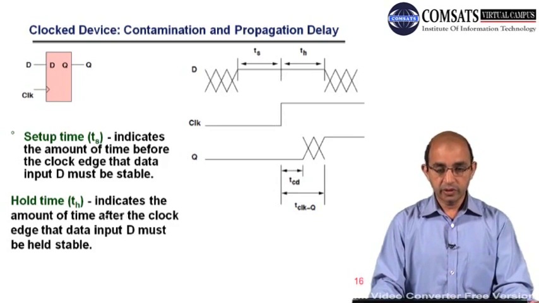So this is the hold time. Here you can see that D should hold its value for that amount of time. It indicates the amount of time after the clock edge that the data input must be stable, or you can say that it should hold its input value.